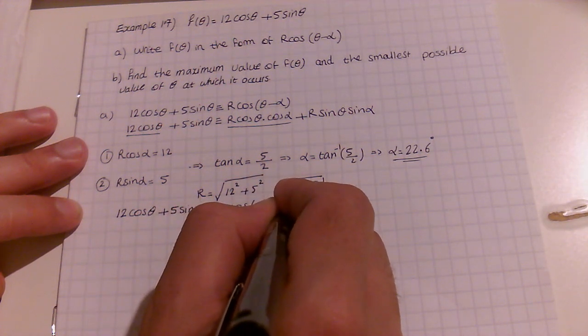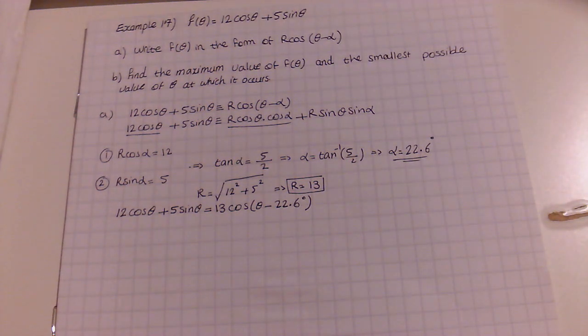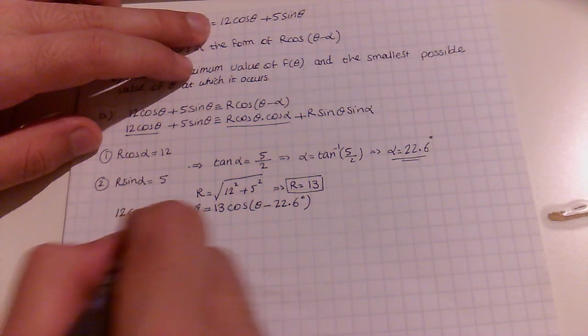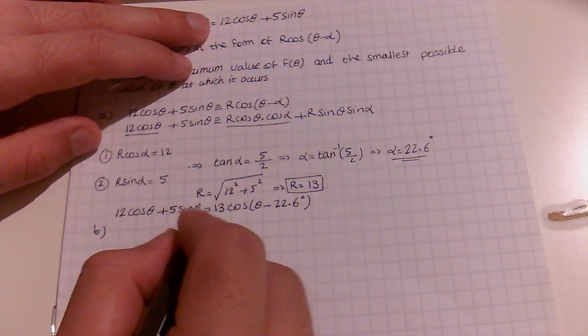Therefore, r cos alpha must be equal to 12. Let's call this one equation 1. Equation 2, r sine alpha must be equal to 5.